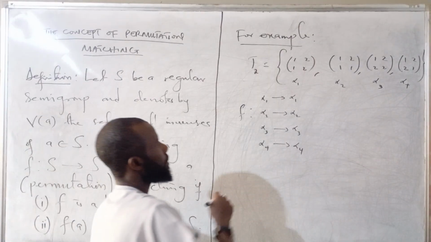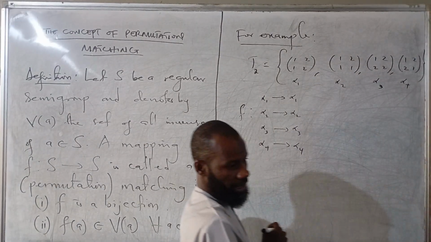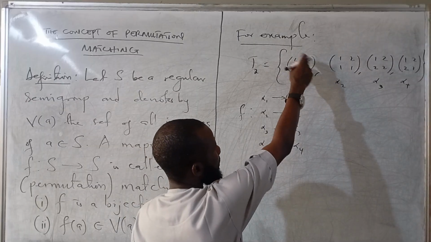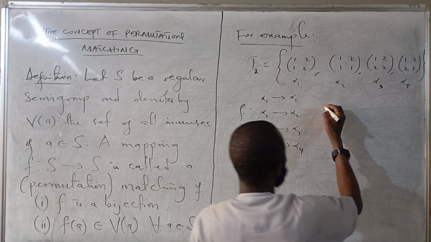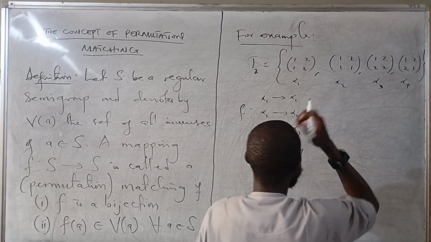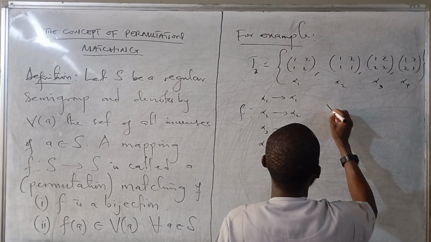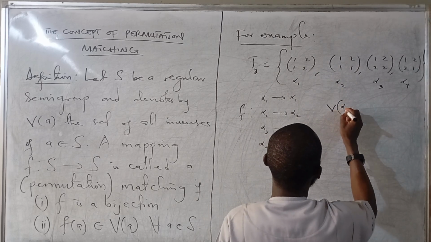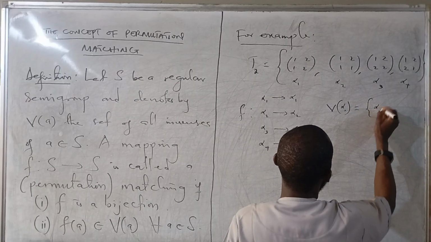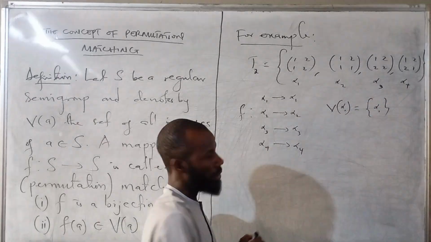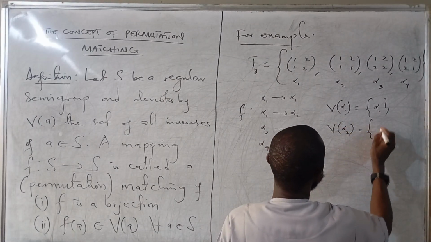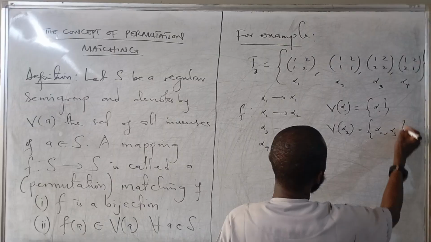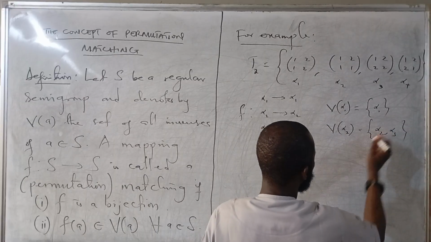Why? Because these elements are self-inverses. If you multiply, you see this is the inverse of itself. The inverse of alpha 1 is only alpha 1 because this is a permutation. And the inverses for alpha 2 will be alpha 2 and alpha 3. You can check it, okay?